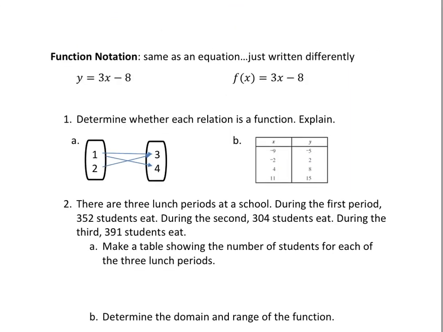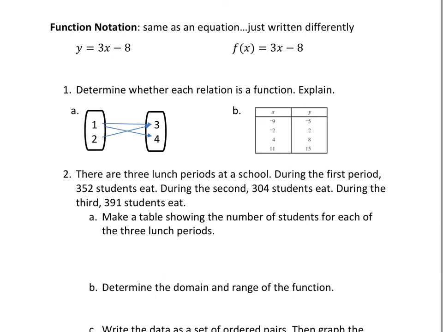Now, function notation is the same as an equation, you're just writing it differently. Where we've always been writing equations as y equals, like 3x minus 8, instead of writing y, we're going to write f of x. It's just a different notation. So y is the same as f of x.